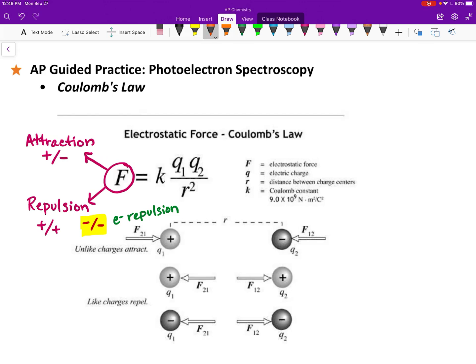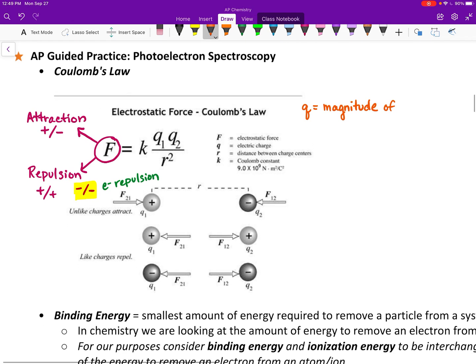As far as the Q values, Q is going to be the magnitude of charge. Think about that as either your protons or your electrons. Electrons generally will just have a charge value of 1, so for our electrons it is just a -1.